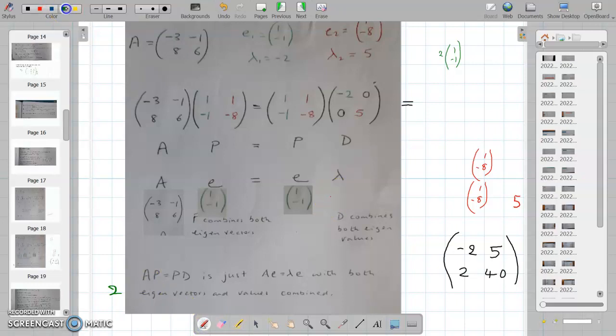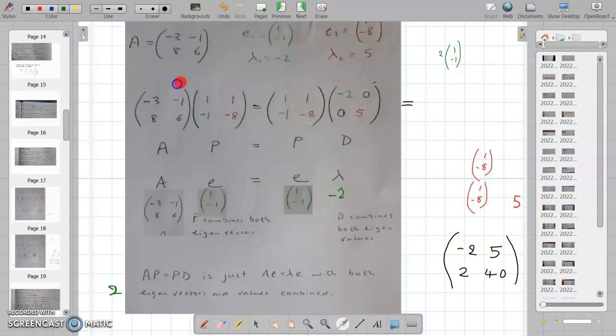Put it in green. So there you go, you've got AE equals lambda E. And here you've got A times E equals, there's my lambda, times E. One way of multiplying this out is 2 times (1, -1) plus 5 times (1, -8).